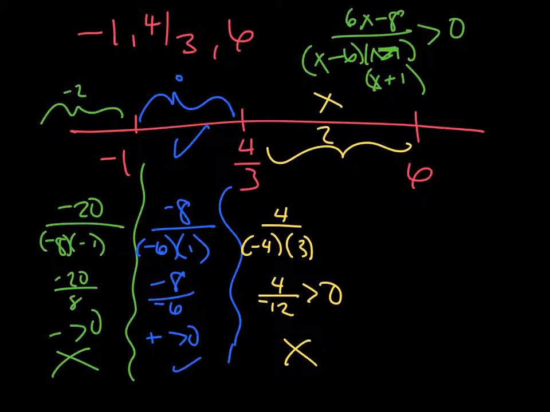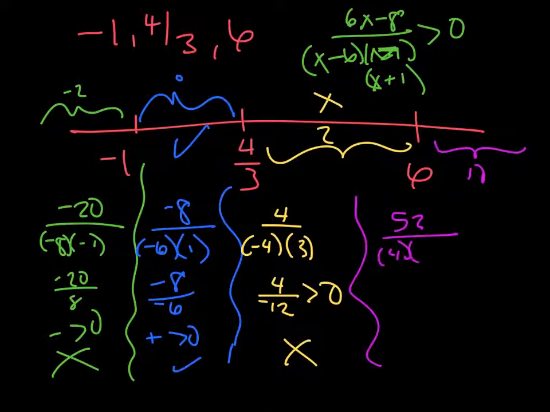And let me find a fourth color. In the last section, in here, let's try 10. So 60 minus 8 would be 52. 10 minus 6 is 4. 10 plus 1 is 11. That will be a positive number, and that's greater than 0, so it's going to be included.